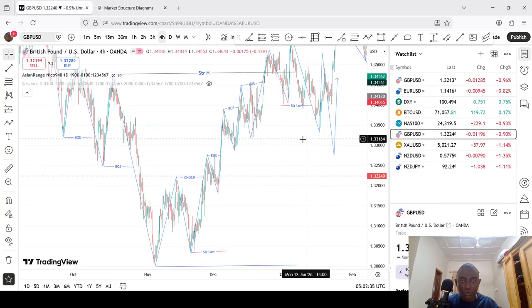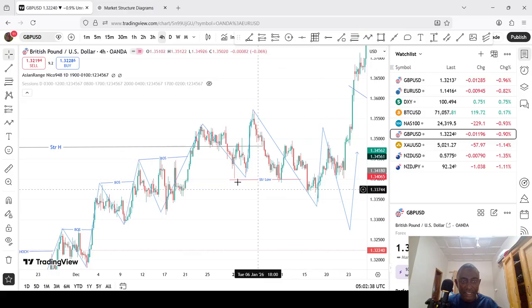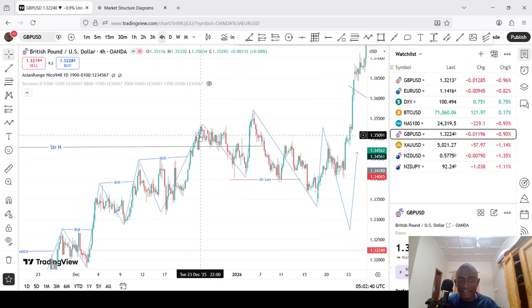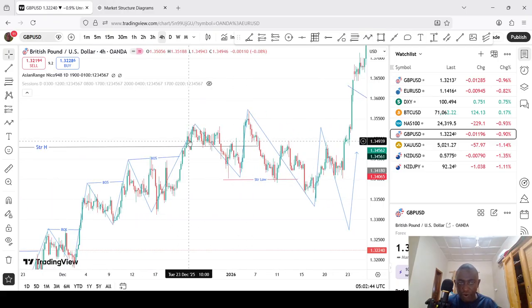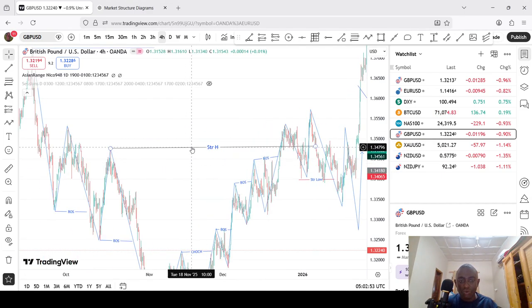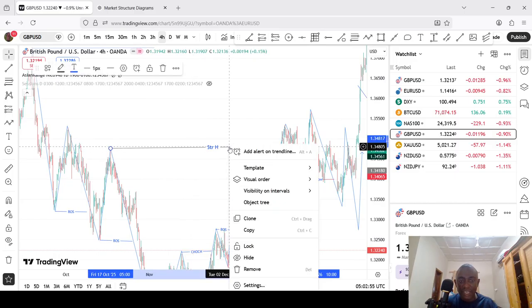When I say price closed above it, these are the candles. You see these candles, the green one, the red one, they have closed above it. I've already explained candles, they are opening and they are closing. Once the candle has closed above this, it is no more a strong high. This became a change of character.